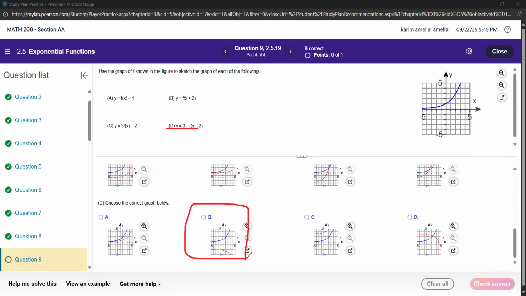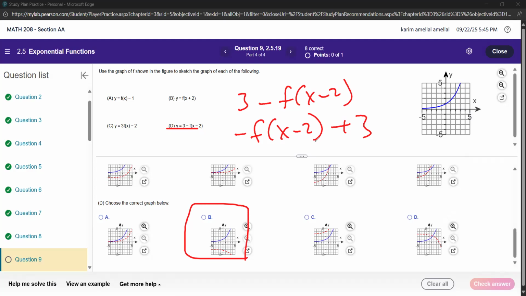Look, we can write 3 minus f of x minus 2 like that. So we have 3 transformations. The first one, plus 3 means up 3 units. Minus 2 means to the right, 2 units.